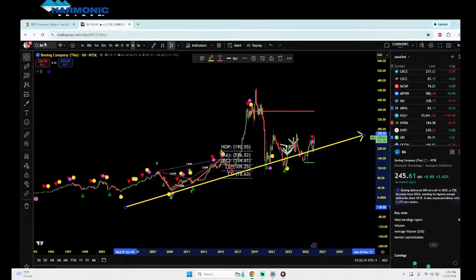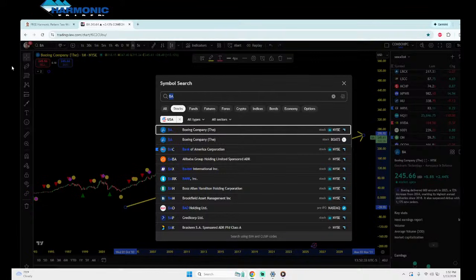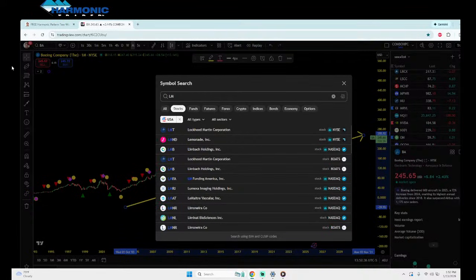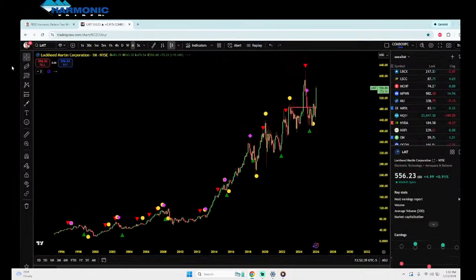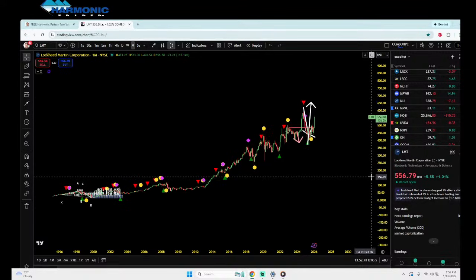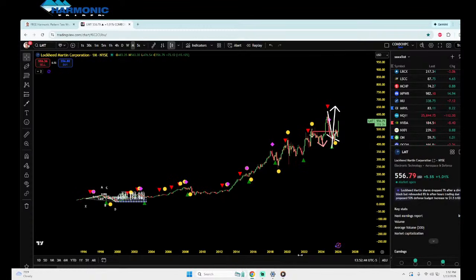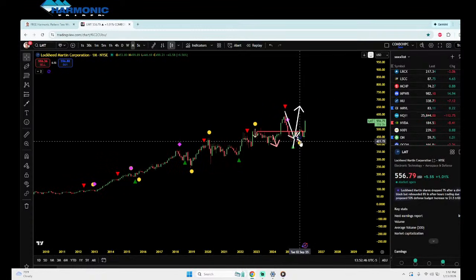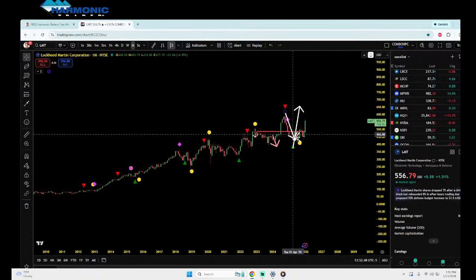People are talking, with everything. I think the big news was Trump talking about going to 5% GDP on defense. And look at Lockheed Martin here. Lockheed Martin got oversold down there. It was at 450. Now we're at 550.